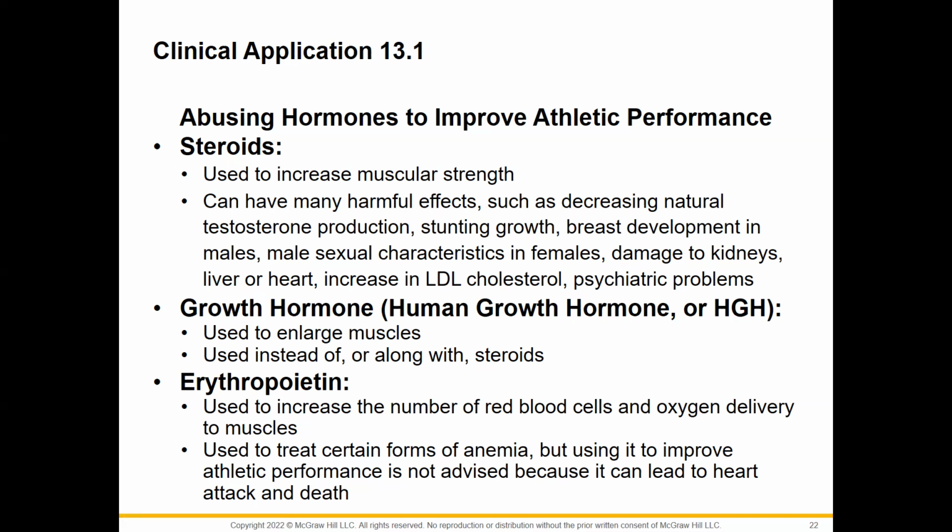Typically, it will be the testosterone that is injected. People will take testosterone and inject it in order to increase muscular strength and muscle size, right? But it can have some harmful side effects, such as decreasing your natural testosterone production.